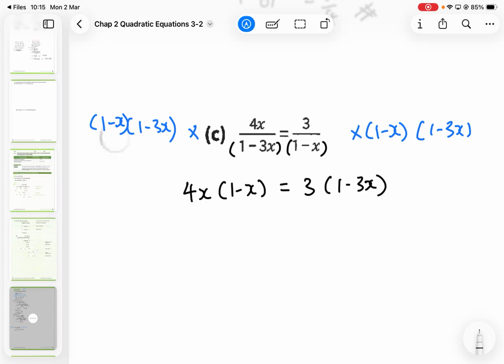Okay? Once you are able to do the expansion, then simplify, put everything on one side.